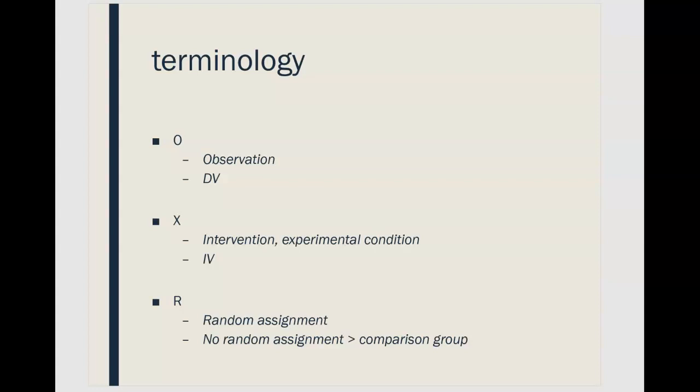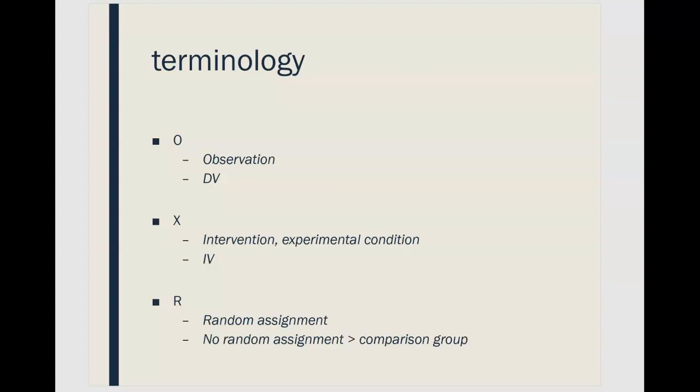So again, coming back to our O for observation, that's the dependent variable. You've got X for treatment or experimental, that's our IV, our independent variable. And then when we get into it, we've got an R, and that's for random assignment.